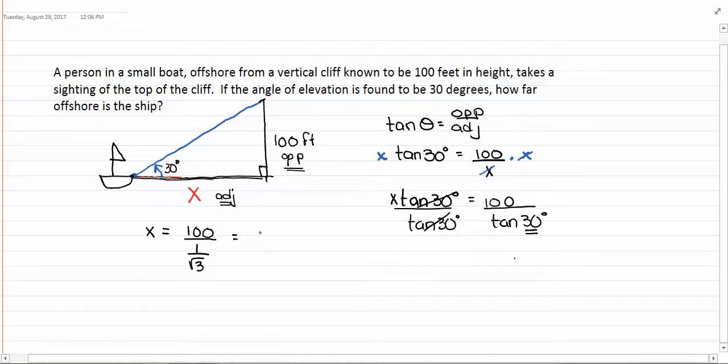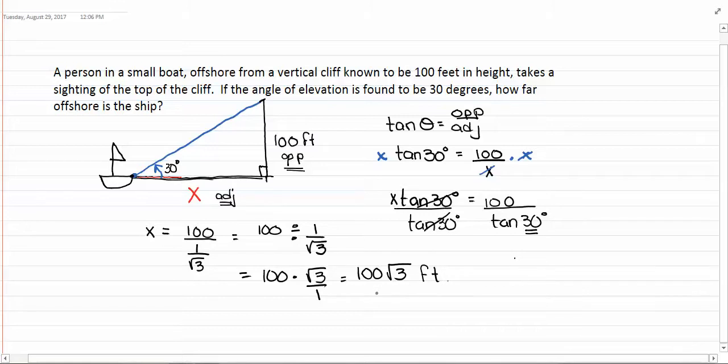So if I take 100 and divide it by the fraction 1 over radical 3, you flip the fraction, change to multiplication. So it's 100 square root of 3, and then it's in feet. All right, that's an exact answer.